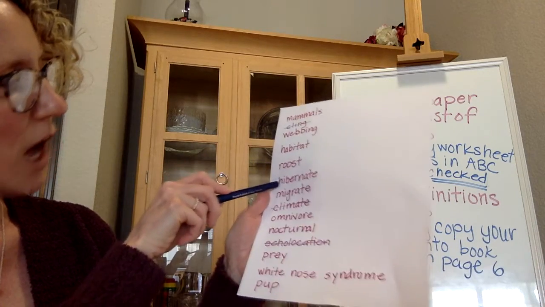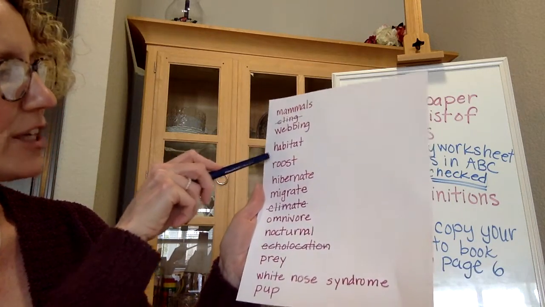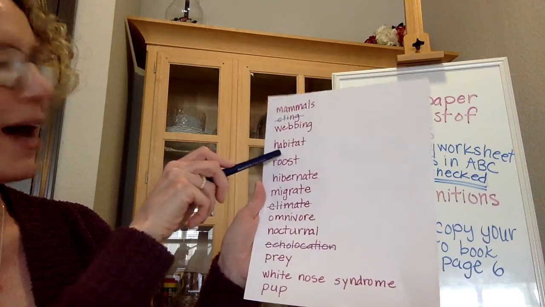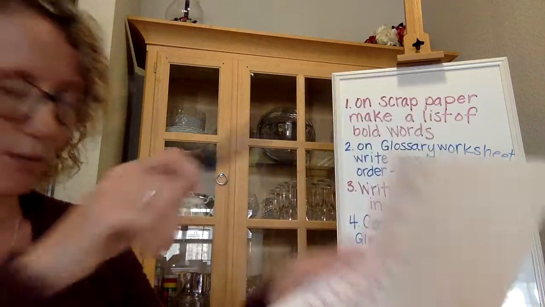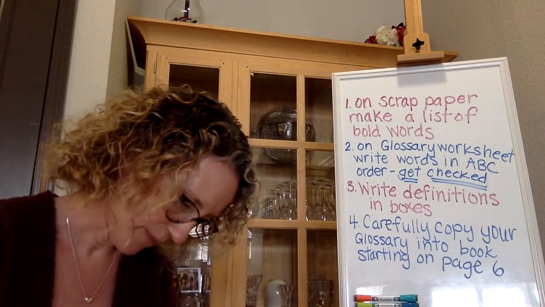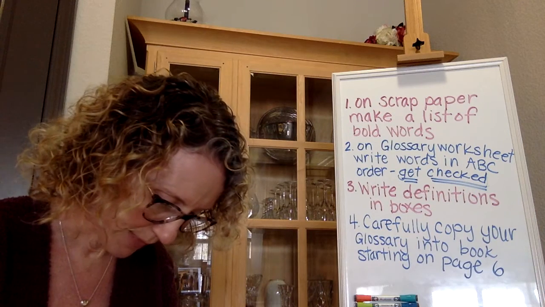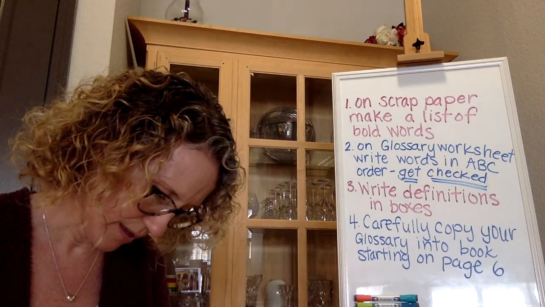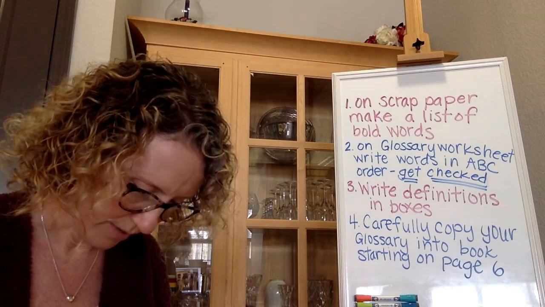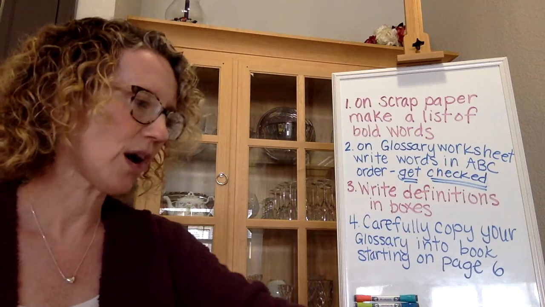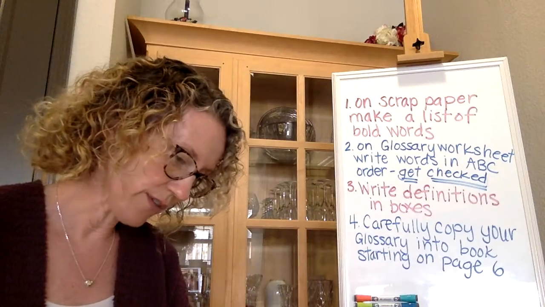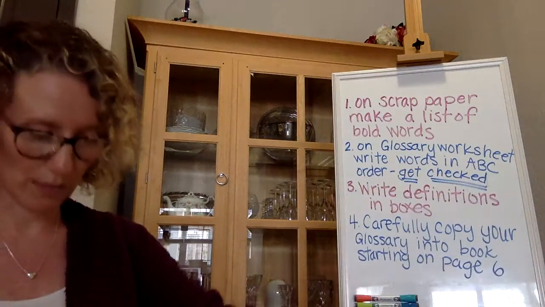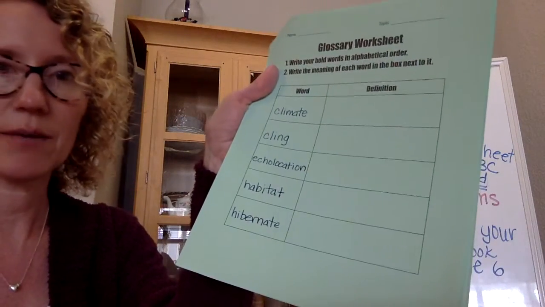Is there another H? Ooh, hibernate. H, H. A-I. Habitat comes before hibernate. So I'm going to write that one down. And then hibernate, I'm going to show you in a second. And I'm going to cross both of those off. The crossing off is important because then you don't have to look at those words anymore. And there, habitat and hibernate.